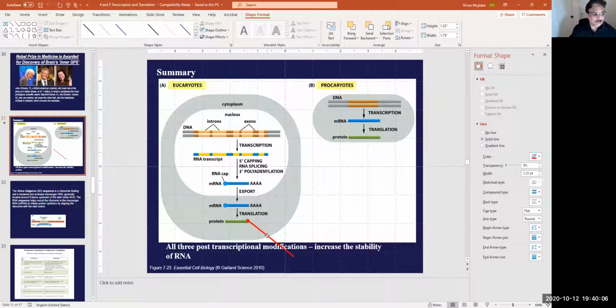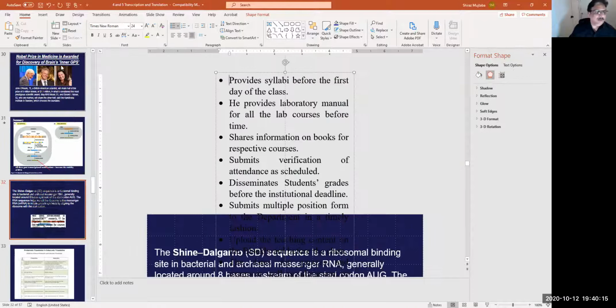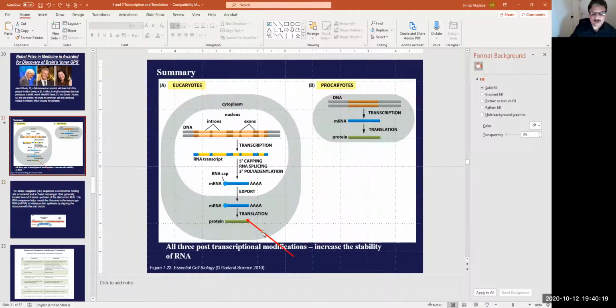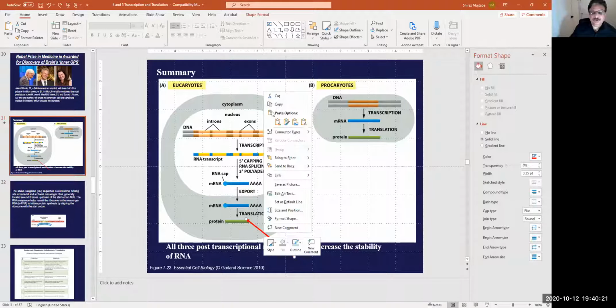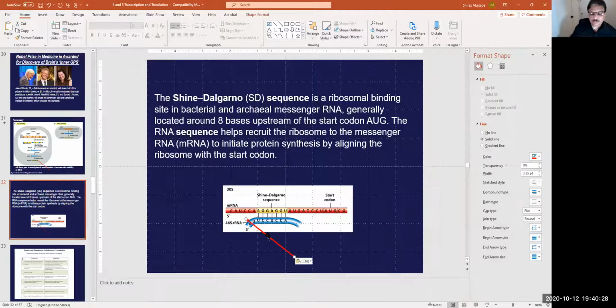Then the mRNA goes to the cytoplasm, to the ribosome, essentially for translation, right? Now, in bacteria, there is a special sequence called the Shine-Dalgarno sequence. This sequence helps the mRNA of the bacteria to be recognized by the RNA on the ribosome.